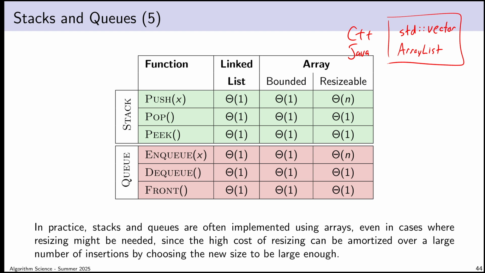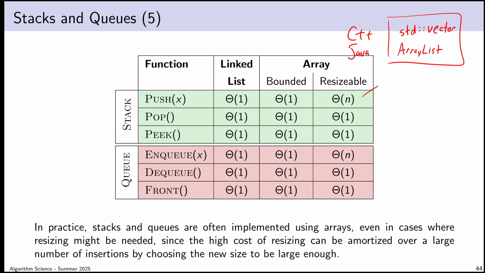Because in general, arrays have very low overhead. Iterating over an array or looking at an index of the array tends to be very fast, because iterating over an array requires a simple loop over consecutive locations in memory, versus iterating over a linked list, which requires walking all over memory using pointers.